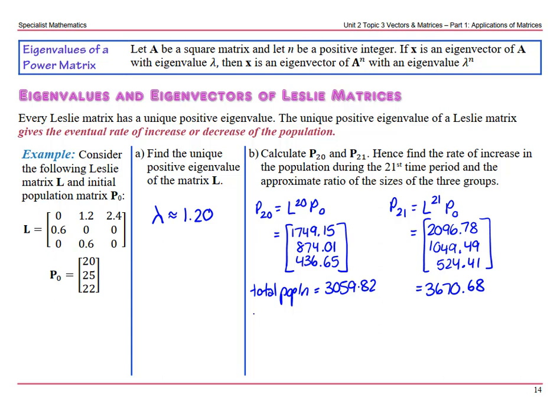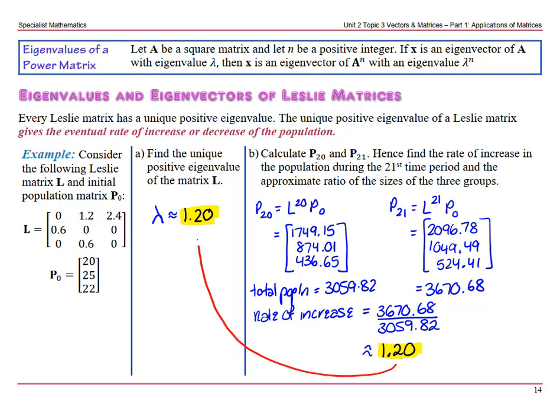Now our rate of increase is going to be 3670.68 divided by 3059.82, which is approximately 1.20, which was our eigenvalue. So a much quicker way of working out what our growth rate is.